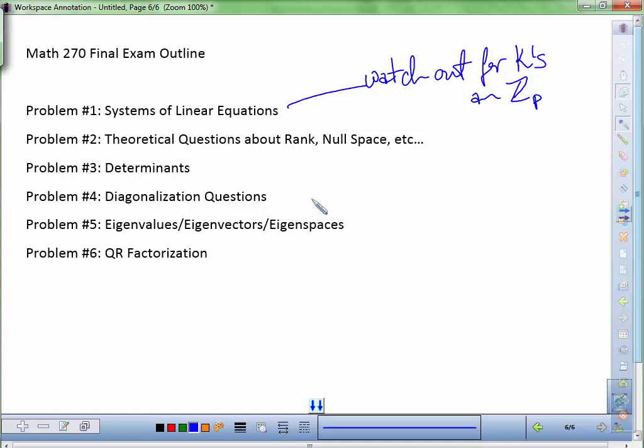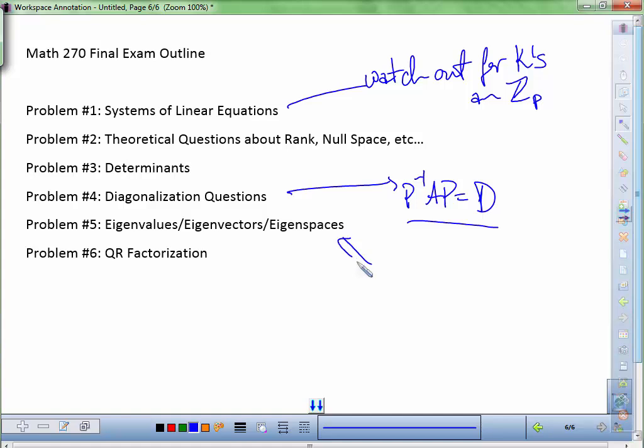It's the eigenvalues and eigenvectors. A matrix is diagonalizable if there exist a P and a D matrix so that this is true. So you need to be able to do that and find the eigenvalues.